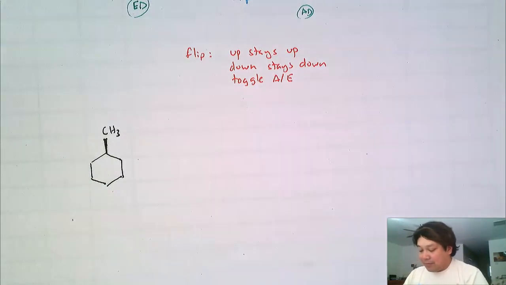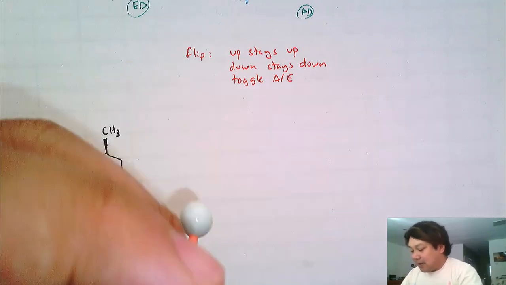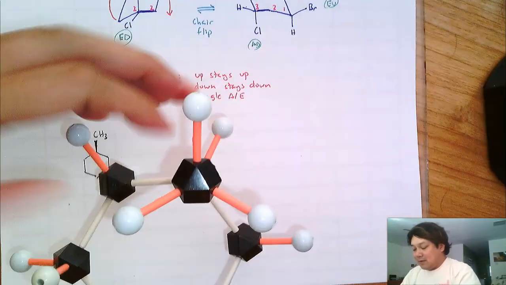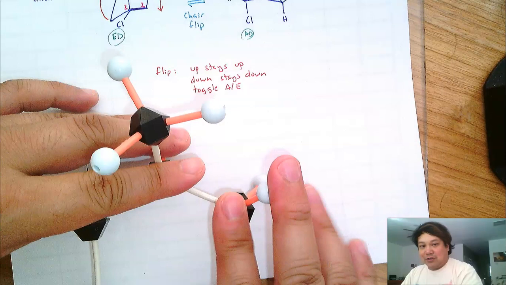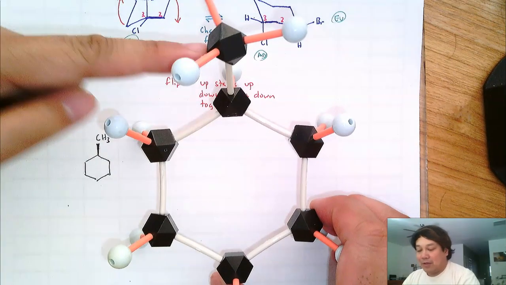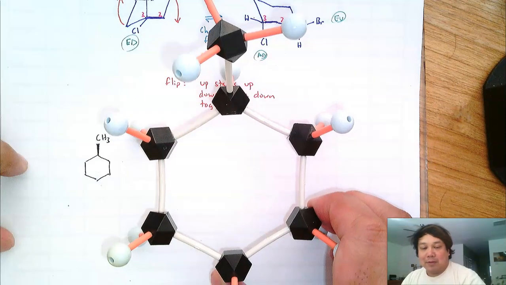So let me just do this real quickly. Put a methyl group, and I'm going to make this molecule flat. So here's my methyl group. Zoom out, make it flat, okay, push it down on the paper. Okay, so there's my molecule. There's the methyl group coming towards us.